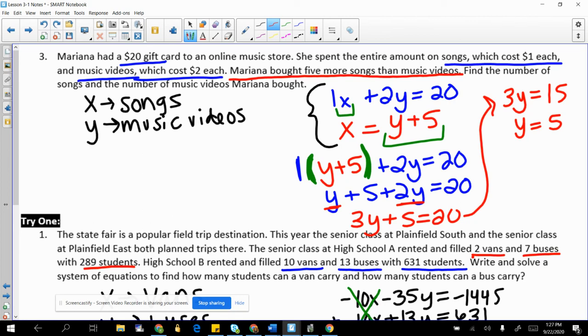Okay. So then my last step here is I need to plug that y back into one of my equations to figure out what x is. And I'm just going to pick that second equation. So x equals, plug in your y, plus 5. 5 plus 5 is 10.